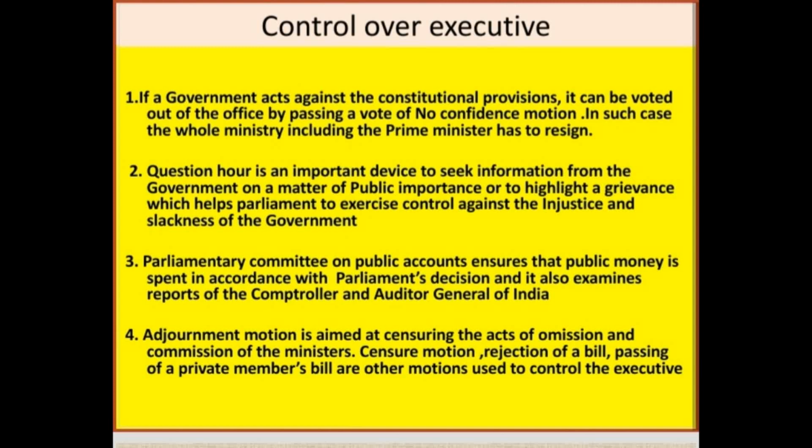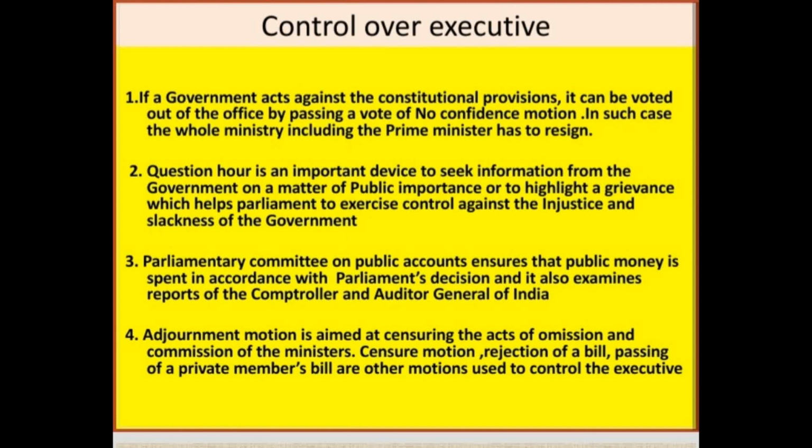If a censure motion is introduced in parliament and gets adopted, it will highlight the ministers' inefficiency in performing their duties. Suppose a minister or group of ministers fails in performing their duties, censure motion will expose them. And it is not like no confidence motion where the ministry will get dissolved.